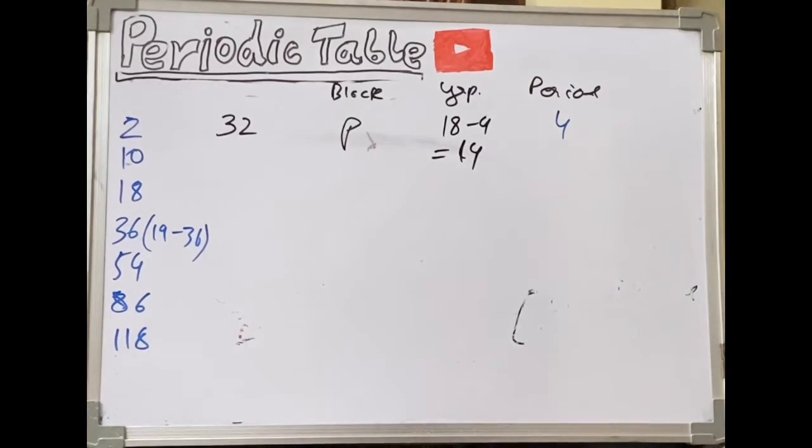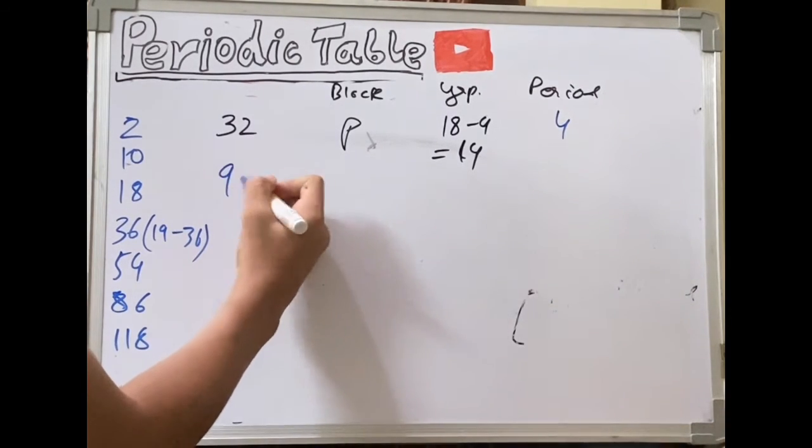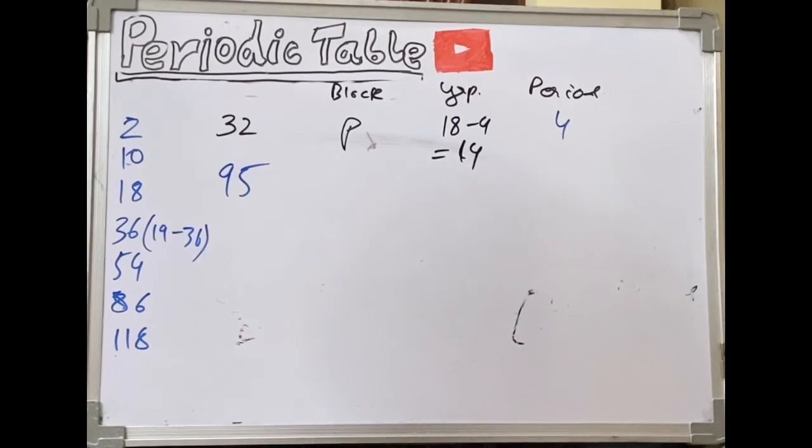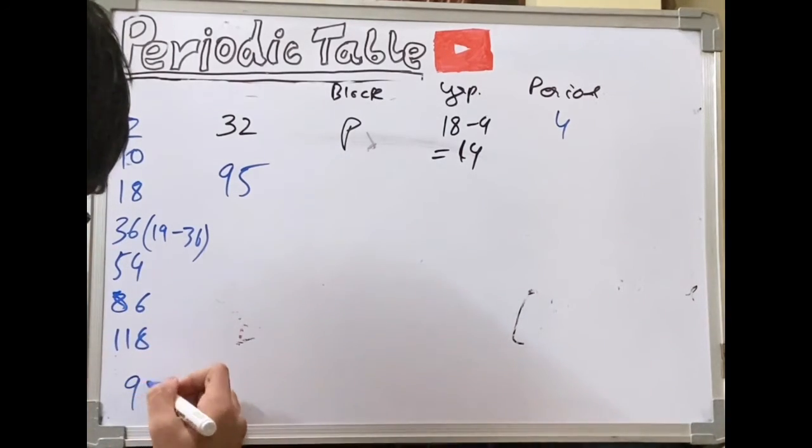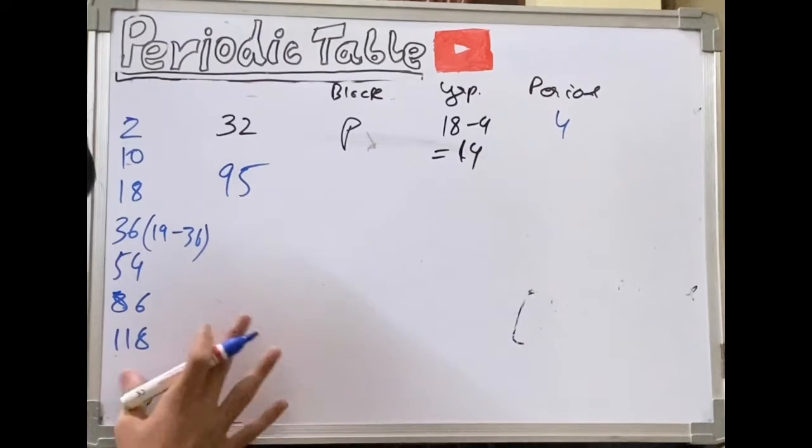Now we'll take some hard examples, because of the lanthanide ones it becomes really hard for us. 95. So which is the closest one? It's 86. Now we all know that lanthanides are from 90, or you can say 89.